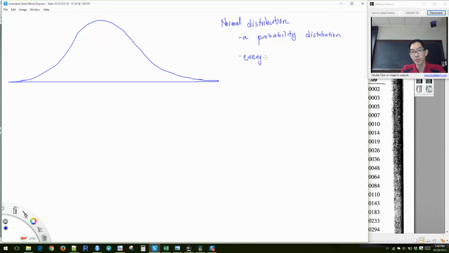So if we shade everything under the hill, the total area shaded is exactly 1, okay, or 100%.